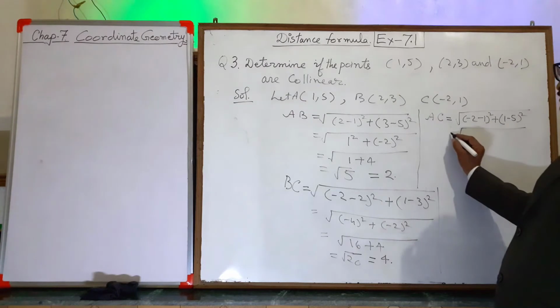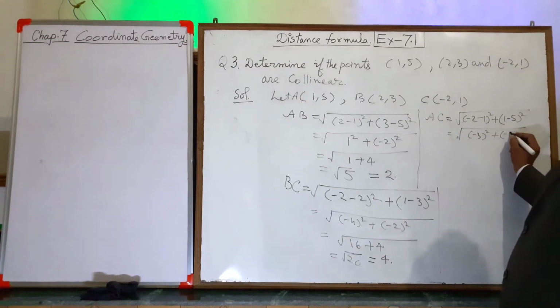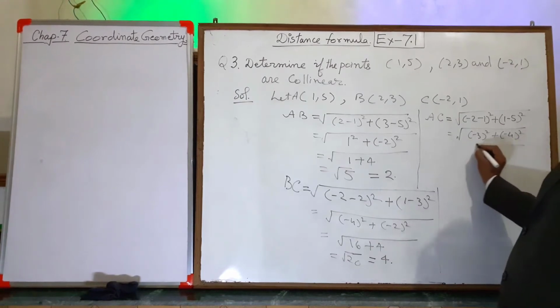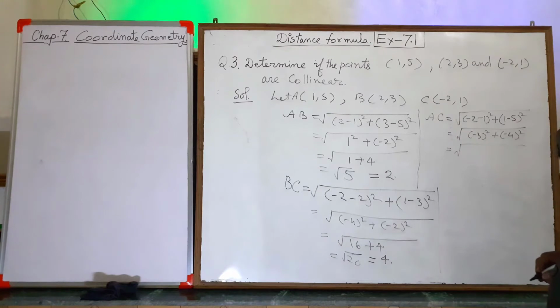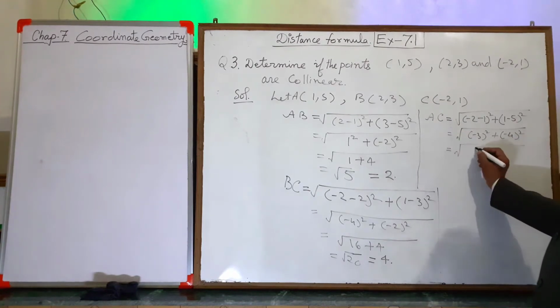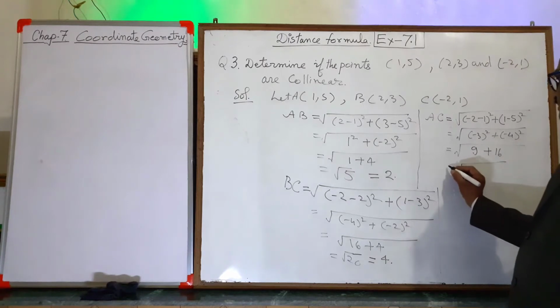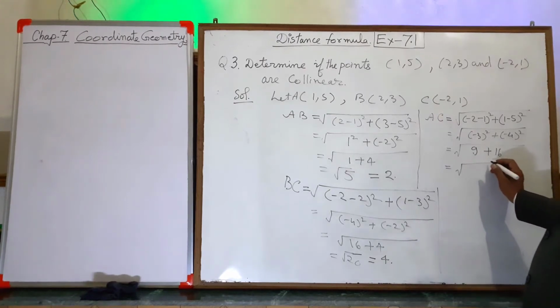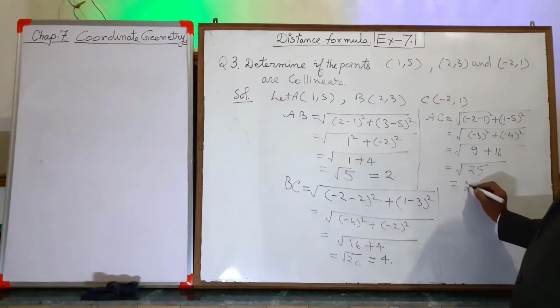Simplifying now, it is (-3) whole square, this is (-4) whole square. Now see, 9 plus 16, that is 25, this is 5.